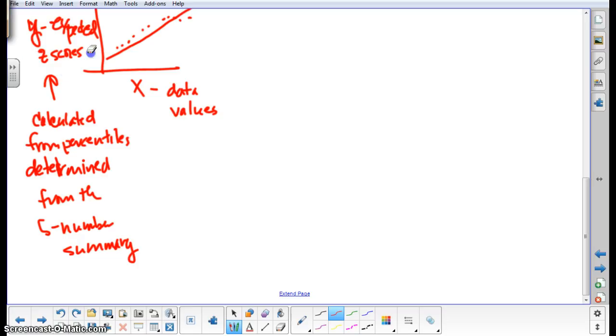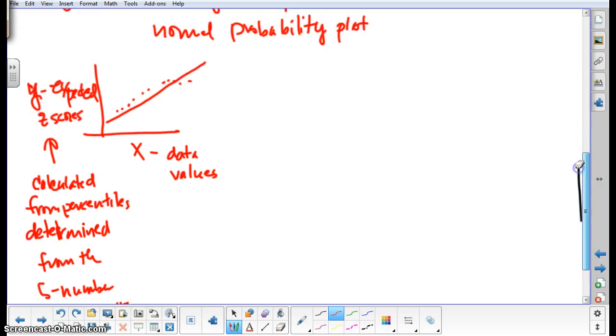So these are the expected z-scores calculated from the median side. That is an interesting way to compare, because if it is truly a normal distribution, then the z values plotted against the x data values are actually going to be linear.